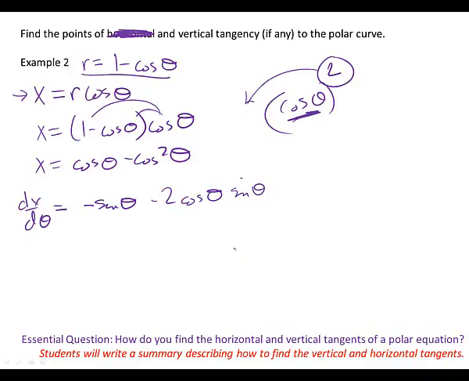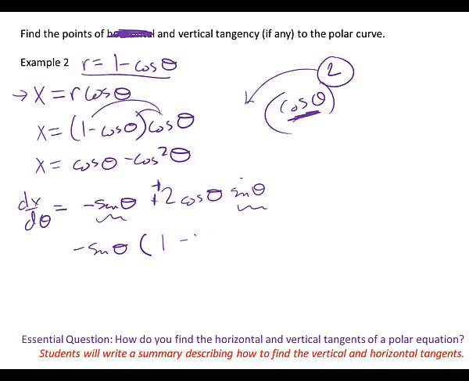Alright, before I try to get this equal to 0, I am going to factor out a negative sign. So I've got the negative sign being factored out, which is going to leave me with 1 plus 2 cosine. I did something wrong here. The derivative of cosine is negative sine, isn't it? So isn't that going to flip that positive, which is going to make this negative.